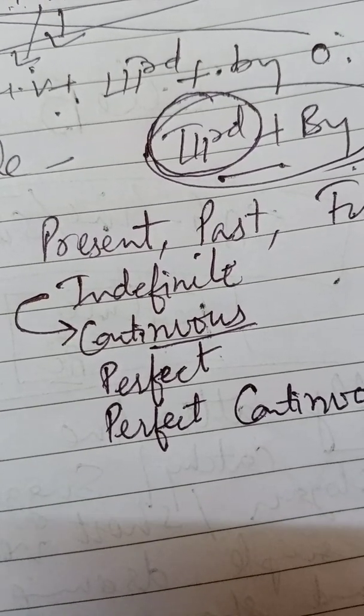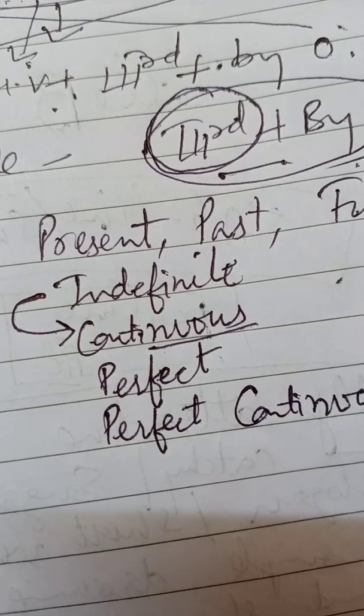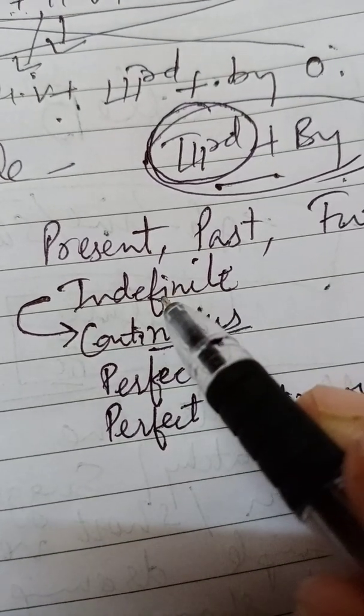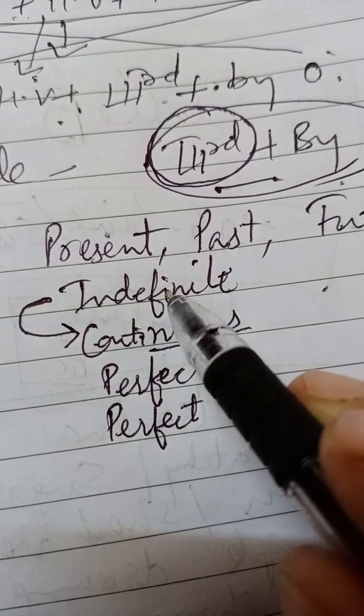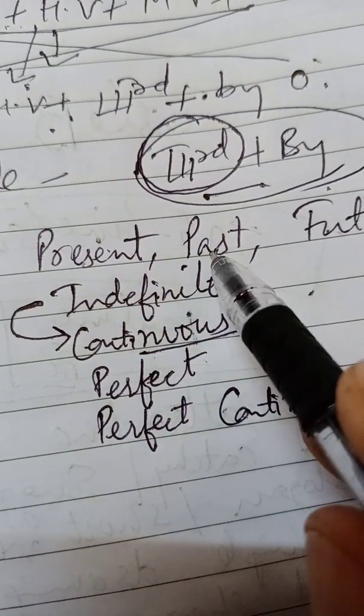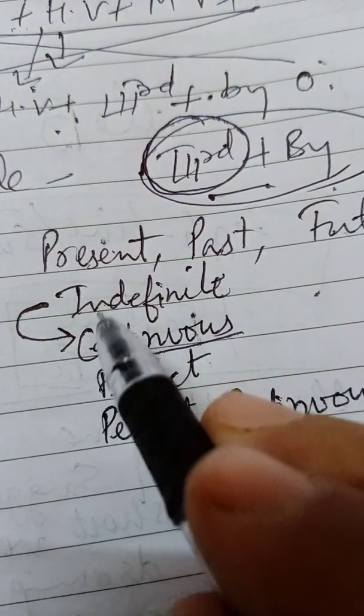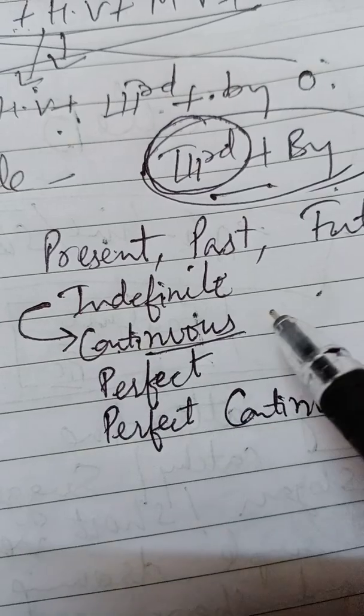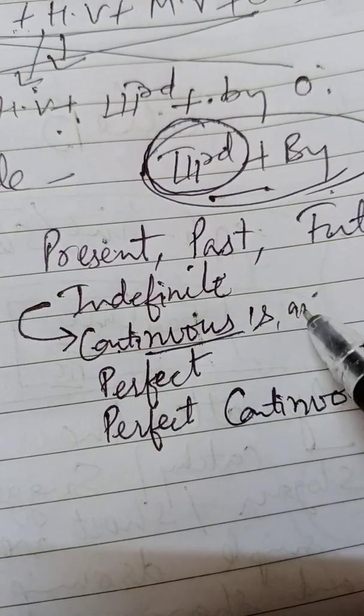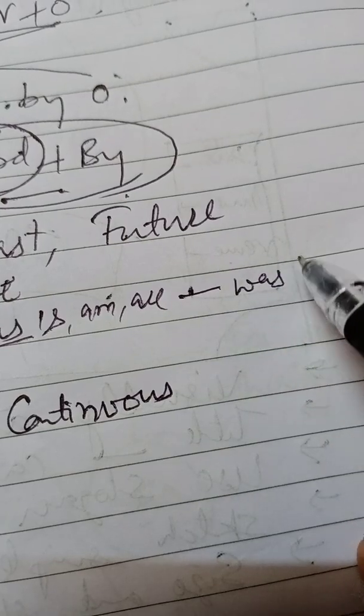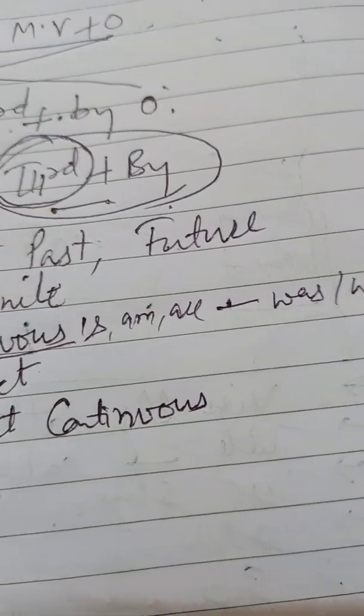Okay, what we need to change is only the helping verb. So if we get a sentence in indefinite tense of present or past, it will become continuous by using is, am, are, or was, were.